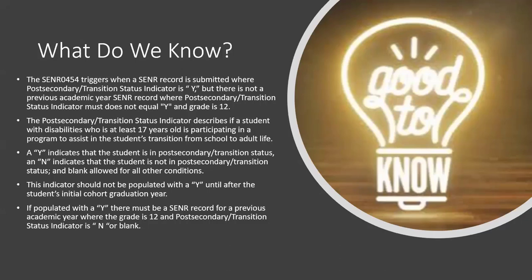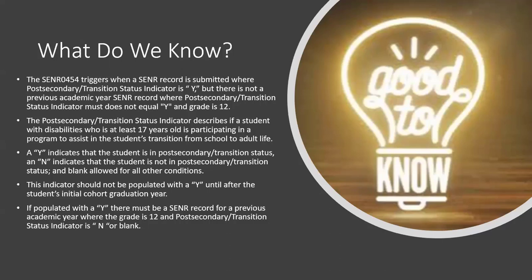Those are the two variables here that will identify SENR0454. Coupled with, we've indicated yes this year in our enrollment record, and last year there was a conflict, okay? So we're going to have to consider this year's record and last year's record.